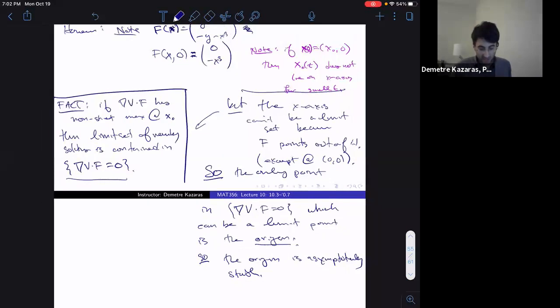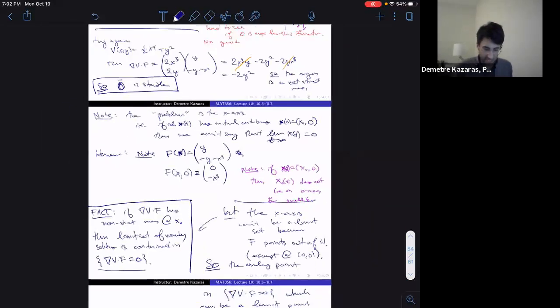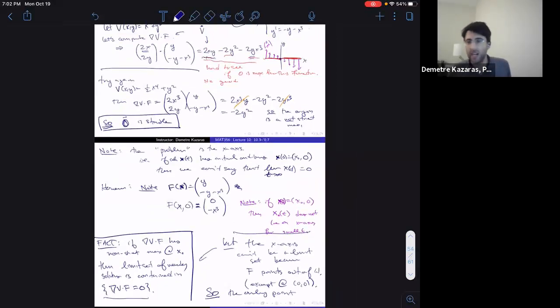Very good. Maybe you could imagine, what if you chose a much better form of V? Then maybe you would have seen this right off the bat. Maybe you could have chosen a V which makes the origin manifestly stable, like a strict maximum for gradient V dot F. But that's not always possible, and that's not really the point of the method.